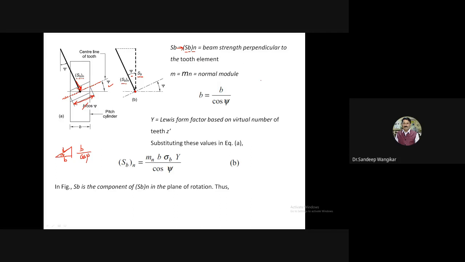I will write it once again: SB is equal to m b sigma B into Y, and SB will be replaced by SBN.